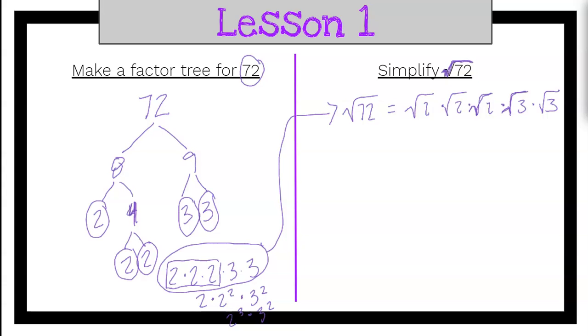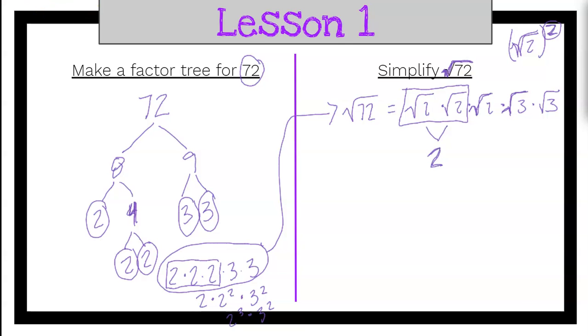However, this one isn't going to be as helpful for us, but we can make it work, because the square root of 2 times the square root of 2 is actually going to be 2. Any square root multiplied by itself. So that's really the square root of 2 squared. And remember, square roots and squares are inverses, so they undo each other. So if we take the square root of 2 and square it, we're just back to 2.